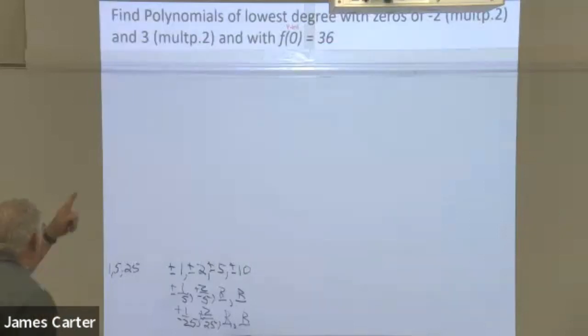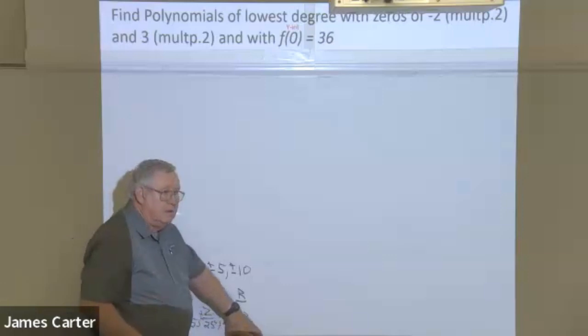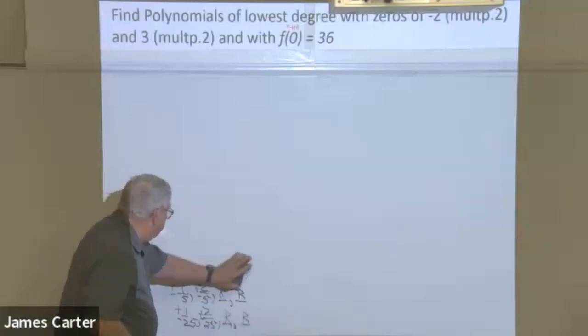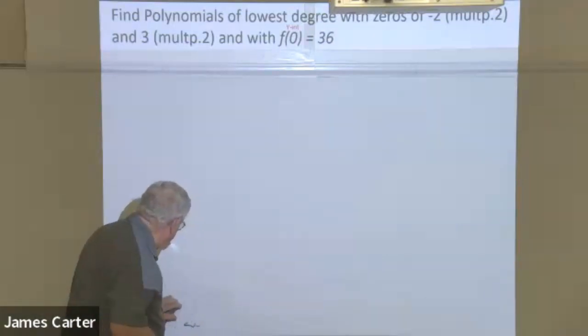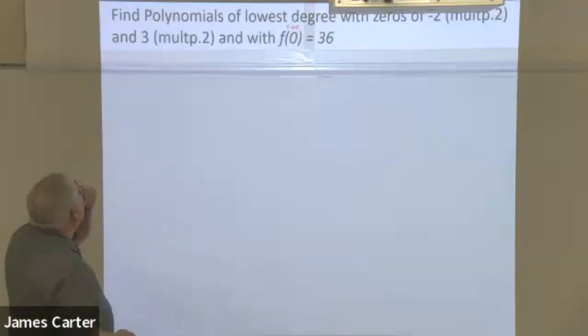Now, totally different problem. Find polynomials of lowest degree with zeros of -2, multiplicity 2, and positive 3, multiplicity 2, and with a y-intercept of 36.